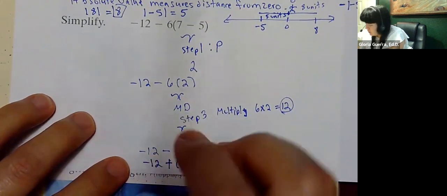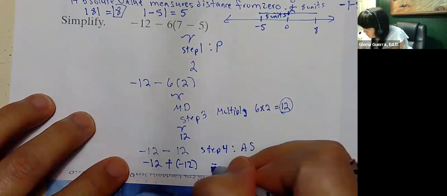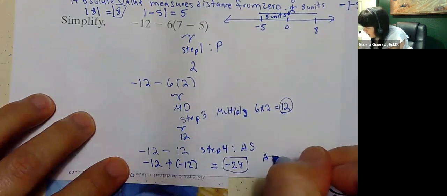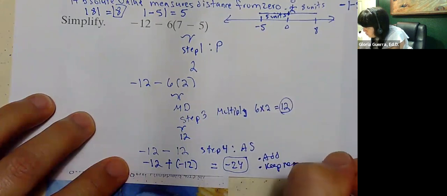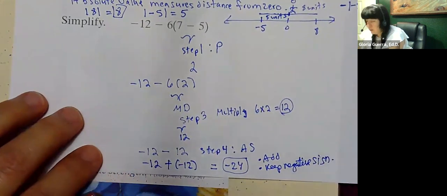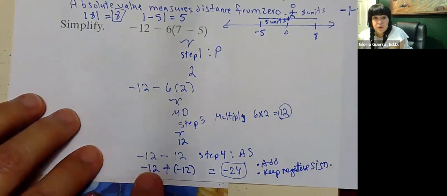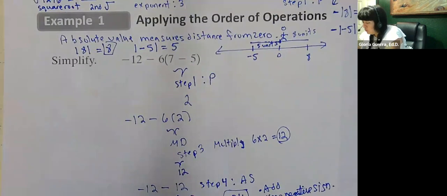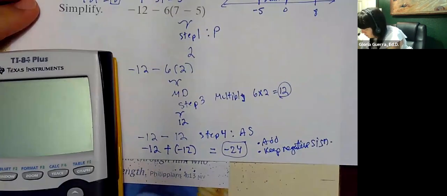And negative 12 plus negative 12 equals a negative 24. So here you're supposed to add, and you're supposed to keep the negative sign. Okay? So you owe somebody 12 and then you owe somebody else 12. So now you owe a total of $24, assuming you haven't paid them back yet.